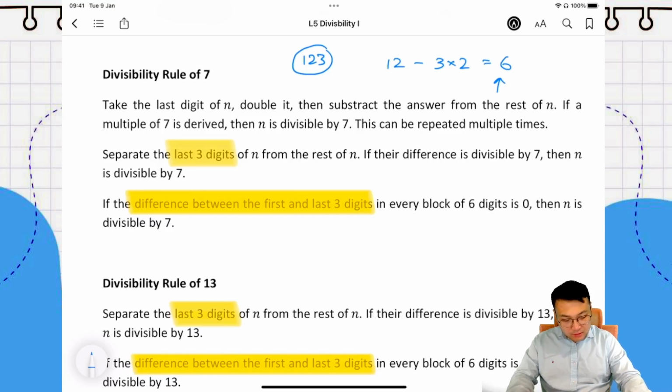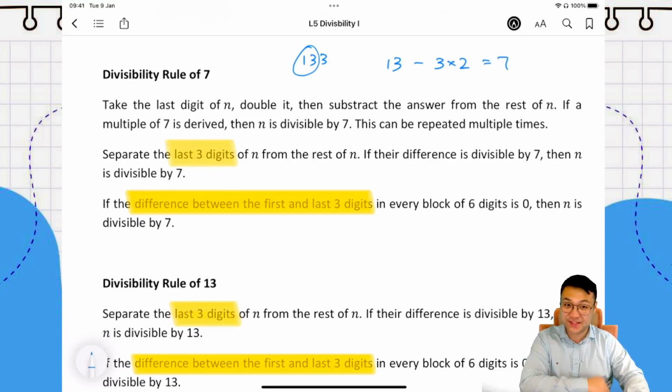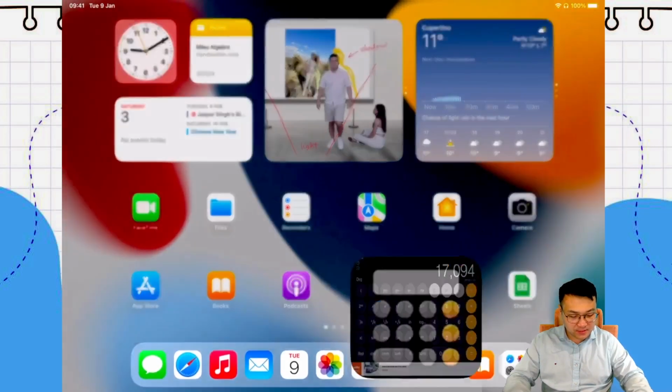If you want to make it divisible by 7, what should you do? You just change this to a 3. If I change this to 133, then you realize that 13 minus 6 equals 7, and 7 is divisible by 7. So 133 is divisible by 7, but 123 is not.